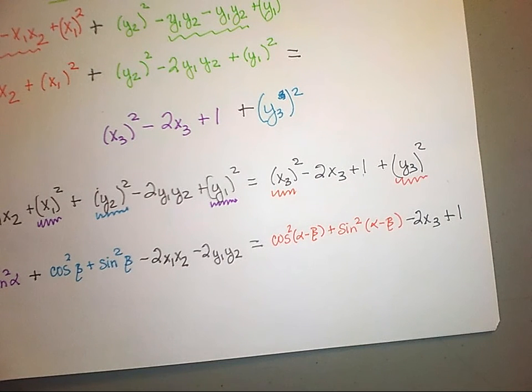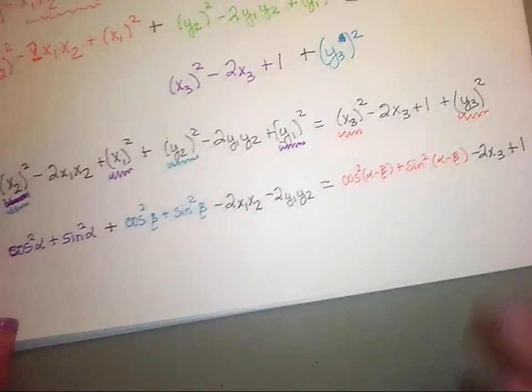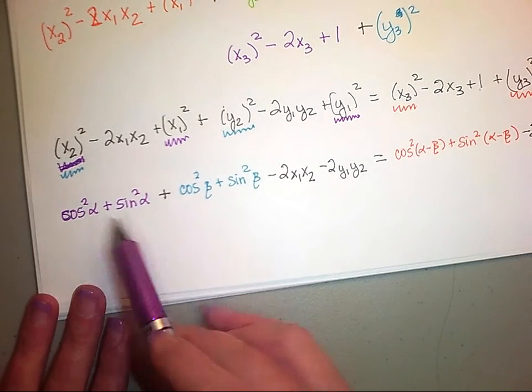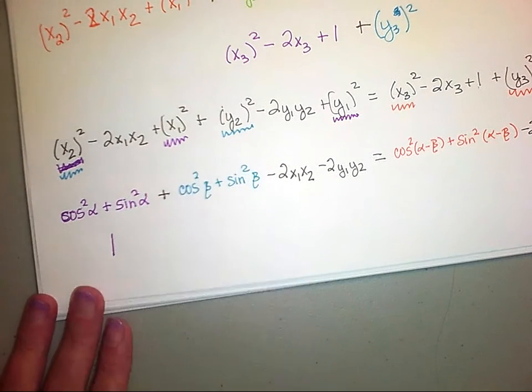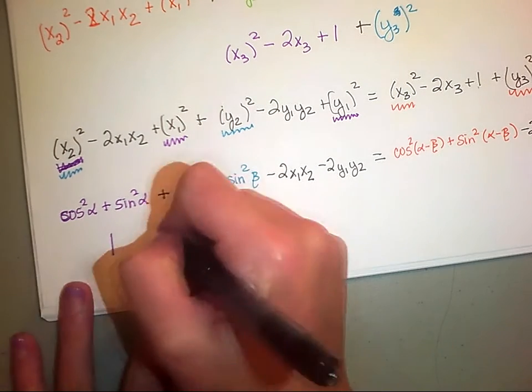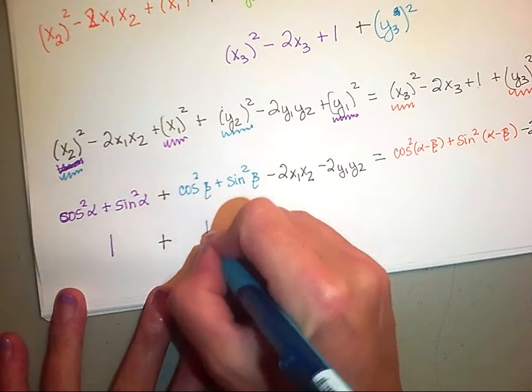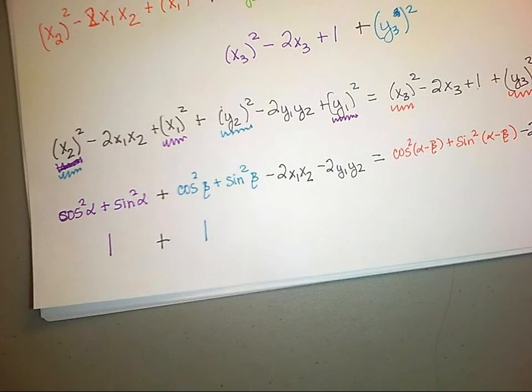Now we're just steps away from finishing this. Let's remember that cosine squared plus sine squared of the same angle is simply 1. Then plus, here we have cosine squared plus sine squared of beta. That has to be equal to 1.